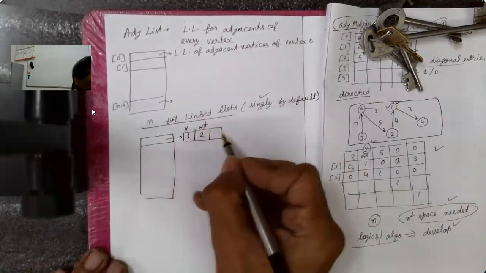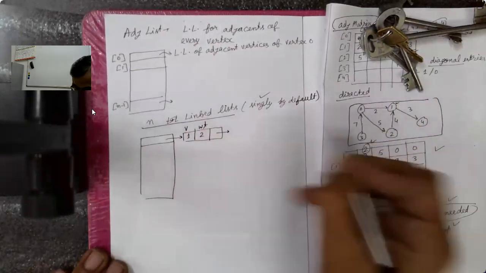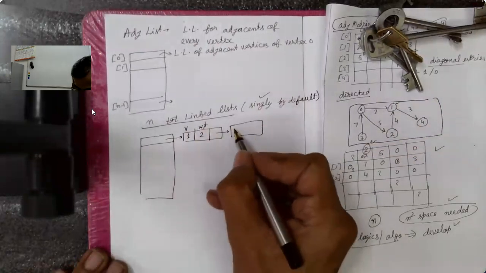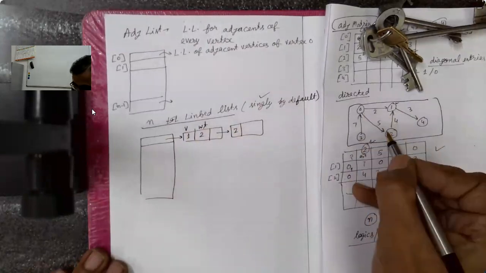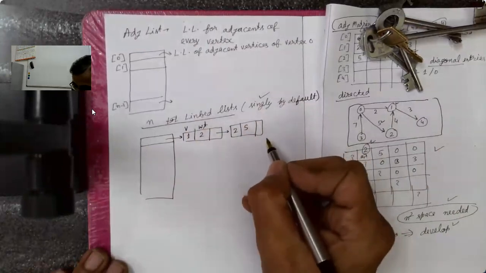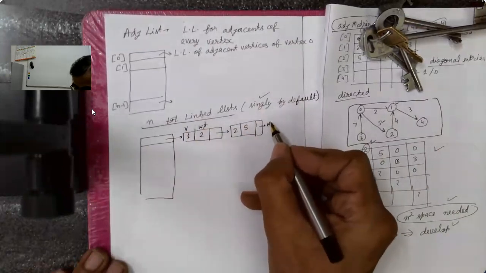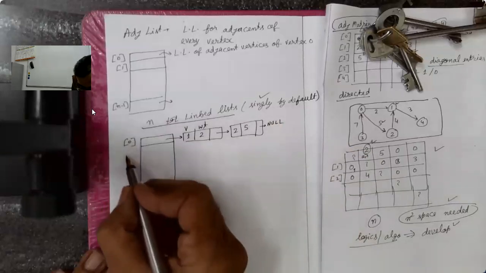So 1, and then next, 2 is also adjacent. Vertex 0 to 2 with weight 5. If there is any more adjacent, no. So I'll have this further null. This becomes the list for vertex 0.